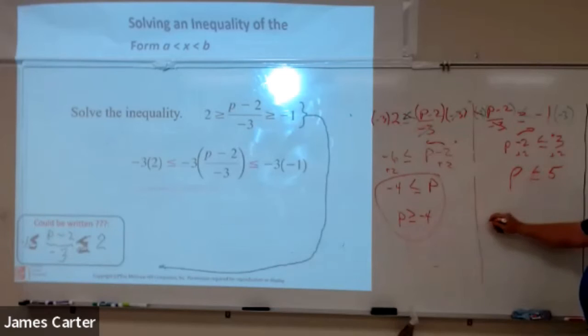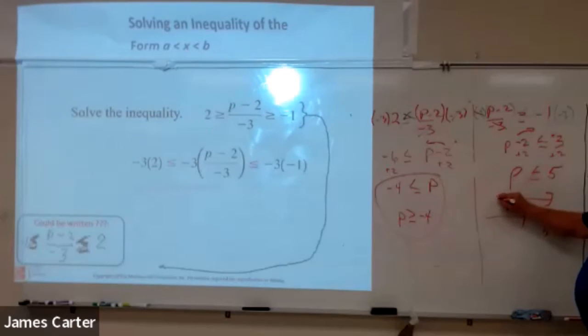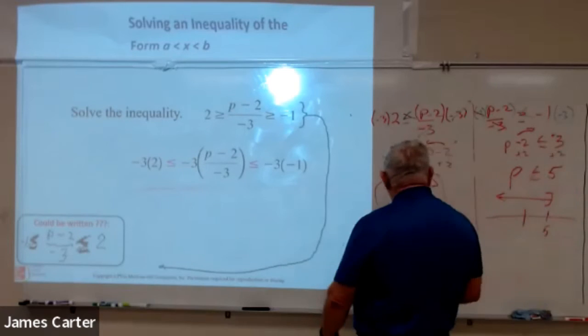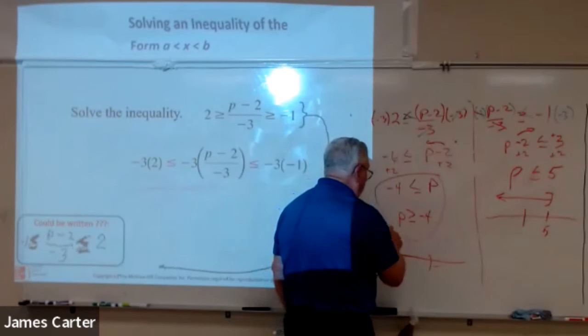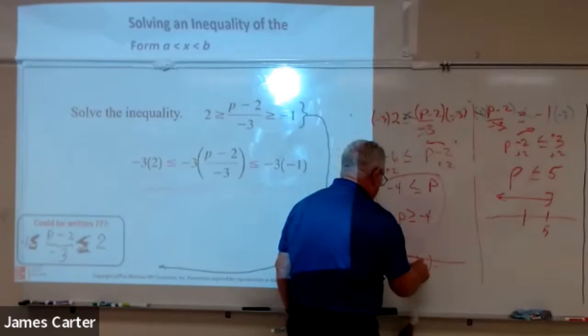Okay. Here's 5. Looks like this. Notice the direction of the arrow. This one, using this form, here's -4.